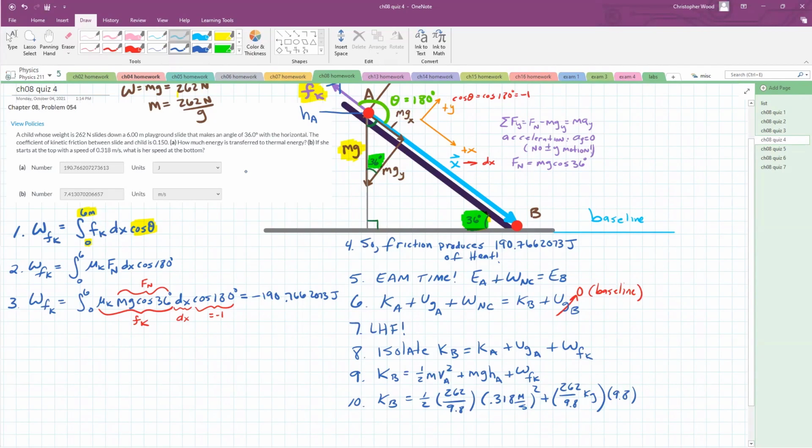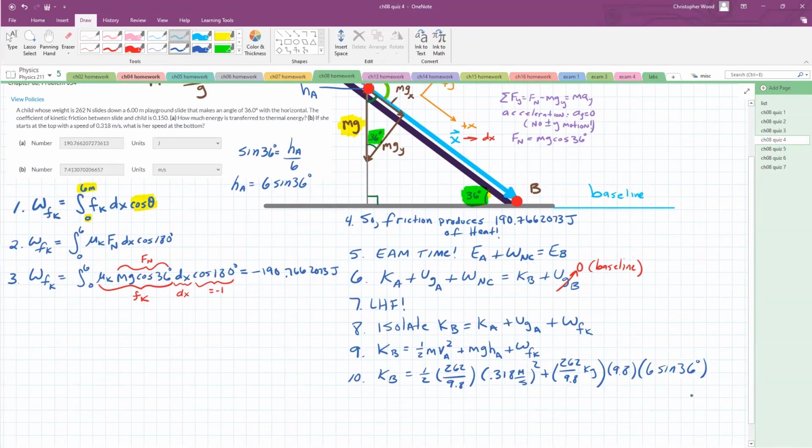If I look at sine of 36 degrees equals side opposite, which is h_A, over hypotenuse, which is 6. So I can make this substitution. h_A equals 6 sine 36 degrees.